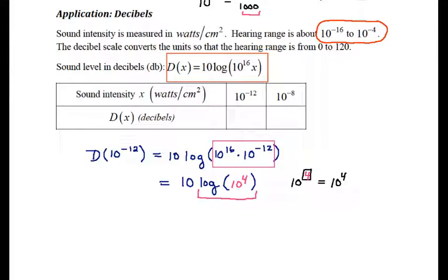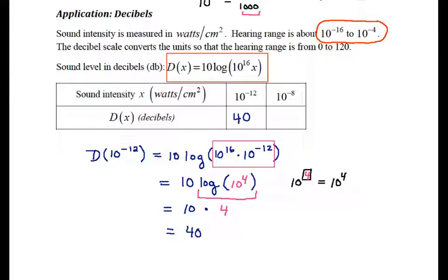This has got to equal 4, because 4 is the power I would raise 10 to in order to get 10 to the power 4. It really is that simple. So I now have 10 times 4, which we can see is 40. So we've taken this number 10 to the -12 and we've converted it to a much more reasonable number for our perceptions, which is 40 decibels.